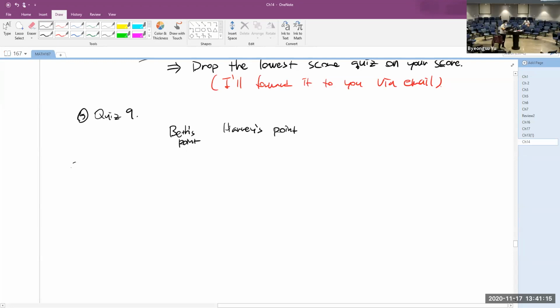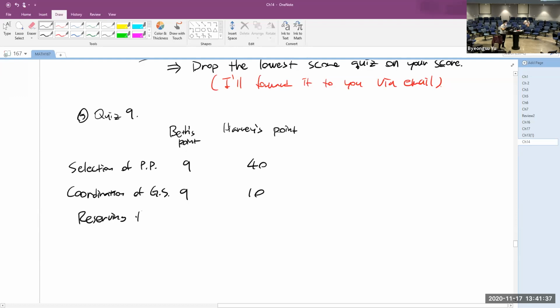First job is selection of player position, and Beth's point is 9, Harvey's point 40. Coordination of game schedule, Beth's point is 9, Harvey's point is 10. Reserving the field, 9 and 11.